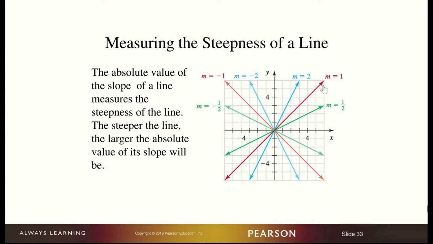Or consider the ones with slopes 1 and -1. It would be just as hard to go up the line with slope 1 as it would be to go up this other line which has slope -1. So that's why the absolute value of the slope is considered when thinking about steepness.